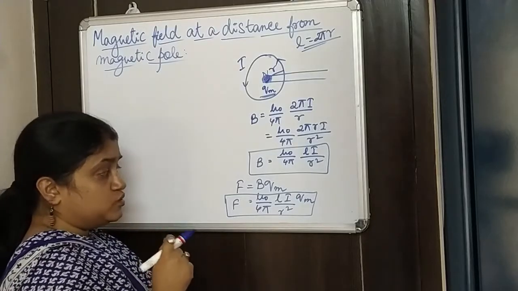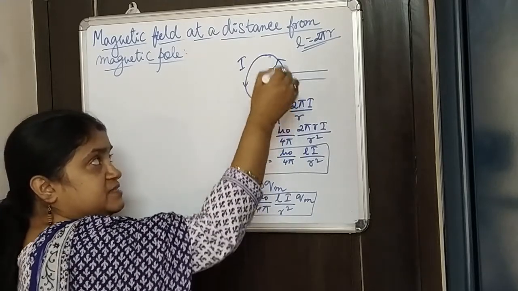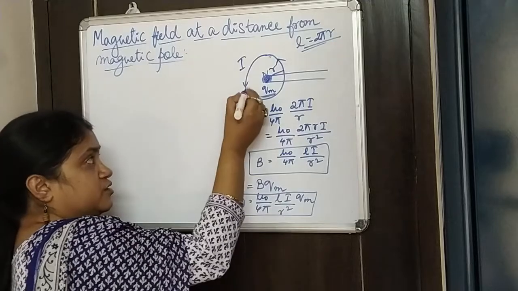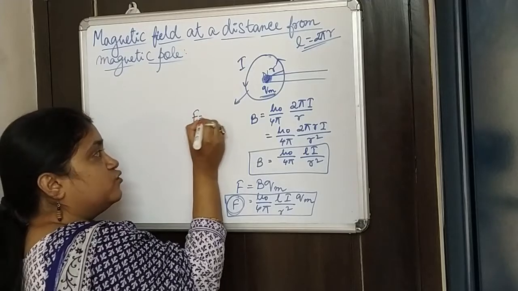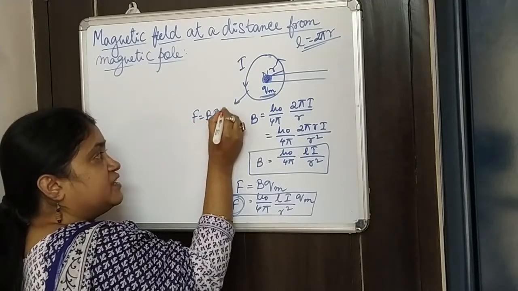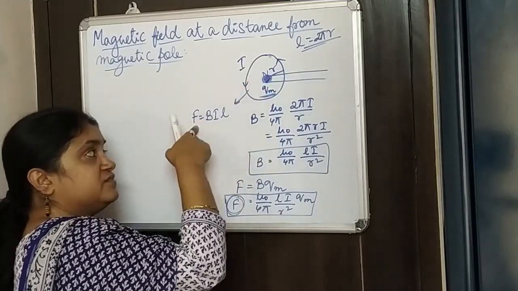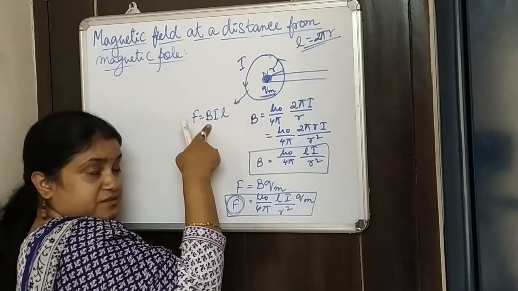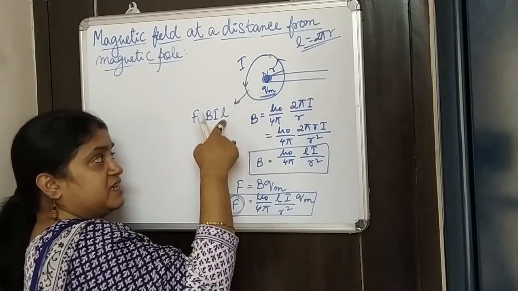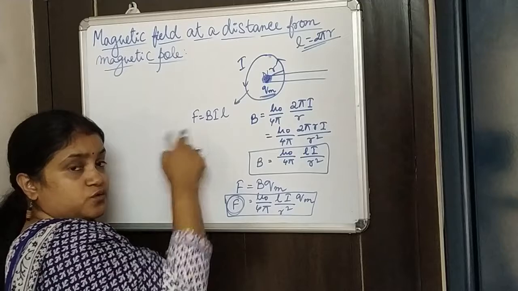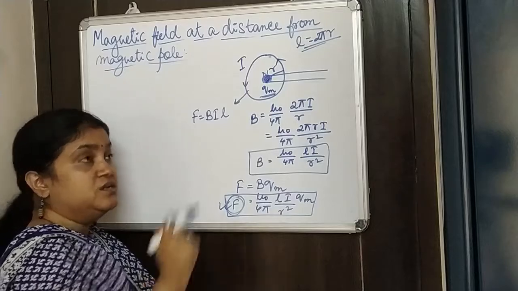But we also know that this force is the same force given by this particular loop. Another thing we know is that the loop would give a force equal to B into I into L. The loop has a magnetic field B, it is carrying a current I, and at a length L it will give a particular force F. So this is the same force which is felt by this particular pole.